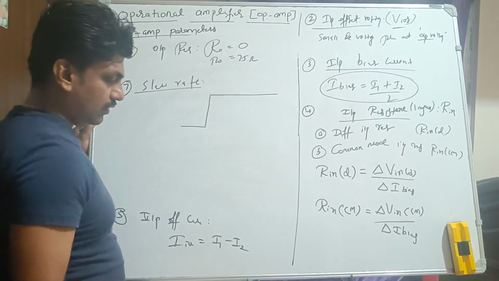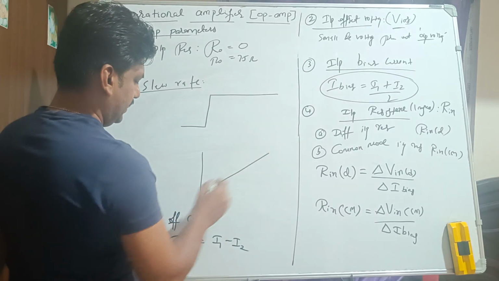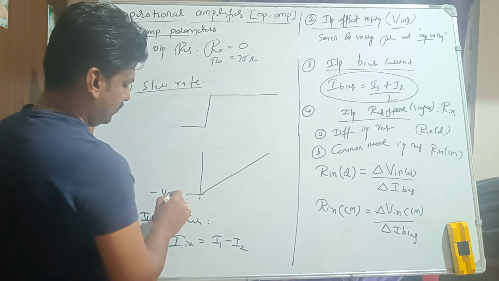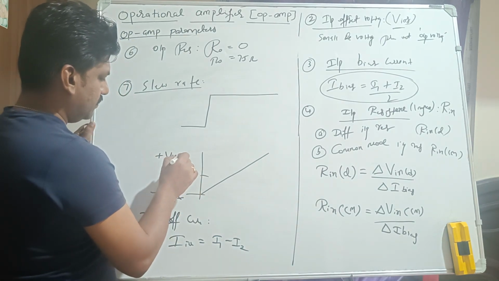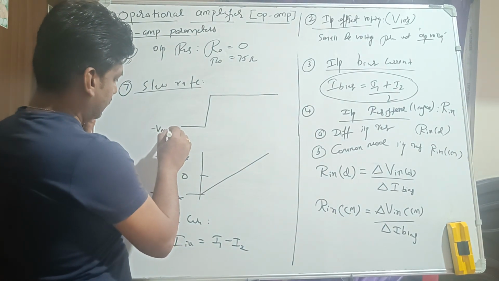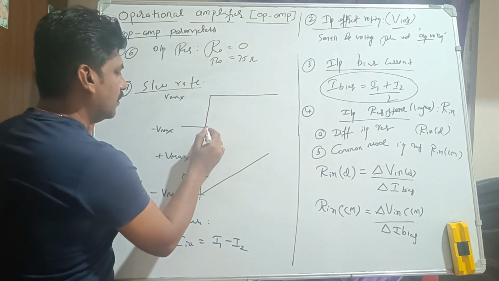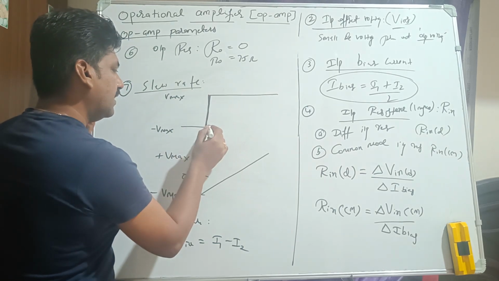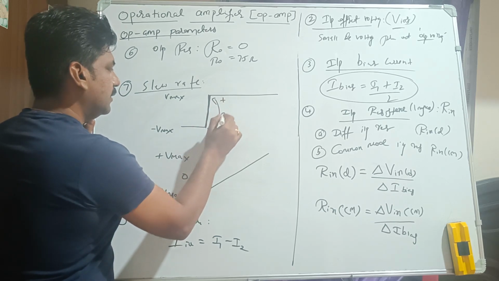From here to here, it is minus Vmax, it is 0, it is plus Vmax, right? However the step voltage is increasing, from here to here, minus to plus, it is called a slew.